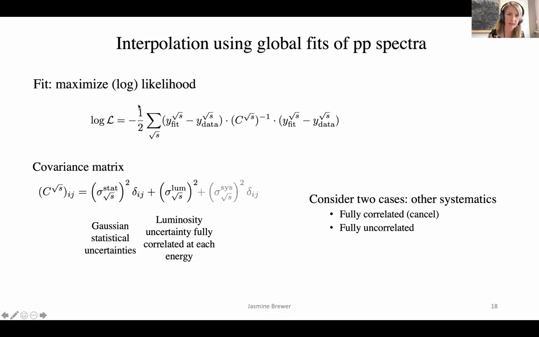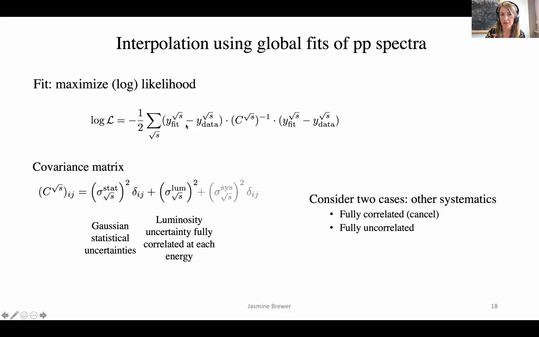So I'll try to make that more specific. Say that you have only statistical uncertainties on the data, then the covariance matrix is just diagonal with the square of those statistical uncertainties on the diagonal.